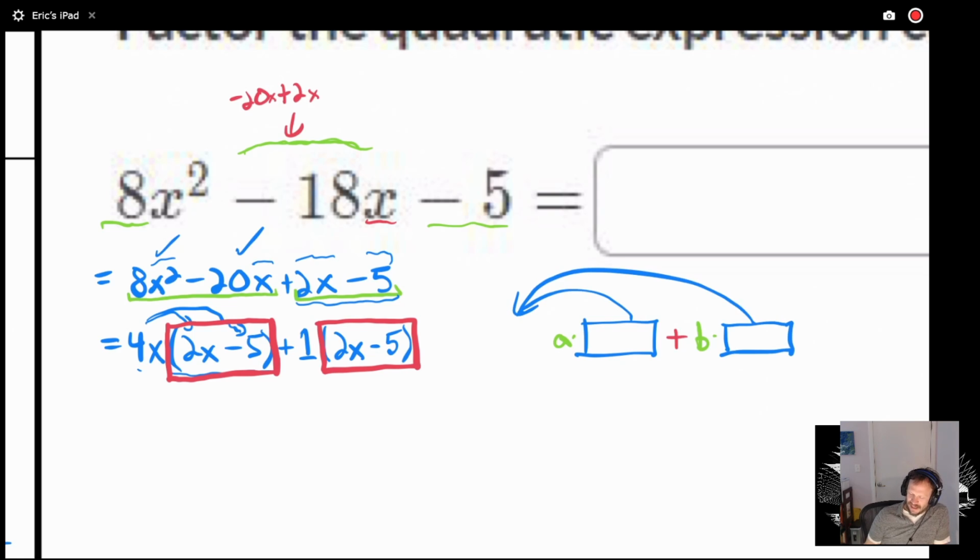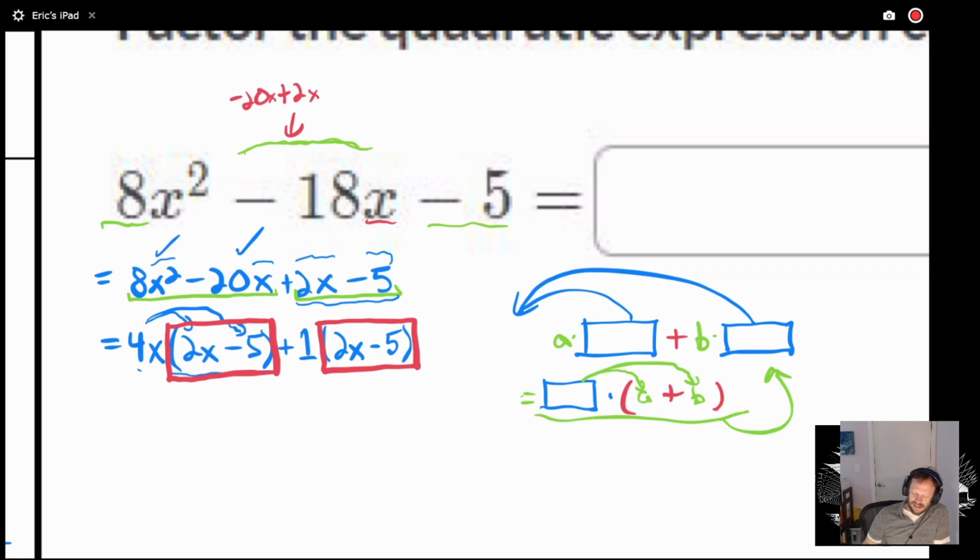And I could write that as blue rectangle times, and then put it in parentheses, the A plus B. And you can see that those two have to be equal to each other because all you do is distribute the blue rectangle to get back from here to here.